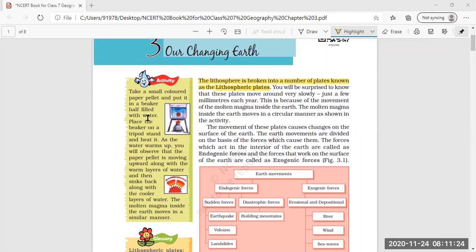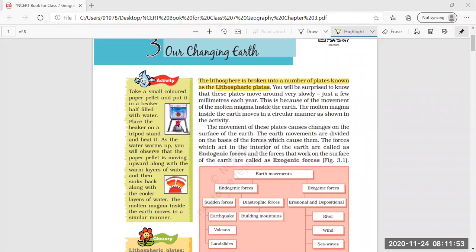You have to take a small colored paper palette and put it into the beaker half filled with water and place the vessel on the trapeze stand, which is mostly used in the laboratories, and heat it. As the water warms up, you will observe that the paper palette is moving upward along with the warm layers of the water.